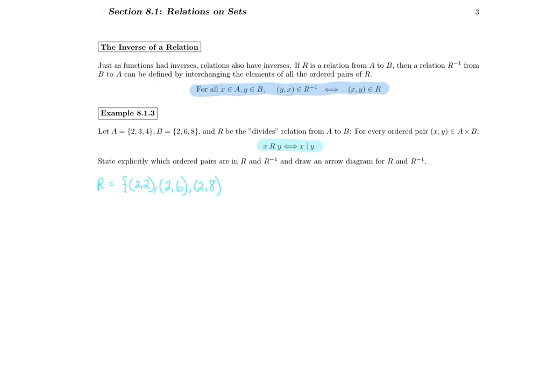Let's see if we have any other ordered pairs here that would satisfy our relation. So if we already looked at all the 2's, let's look at 3. 3 does not divide 2 evenly, but 3 does divide 6 evenly. 3 does not divide 8.